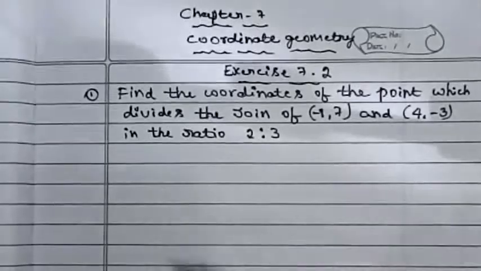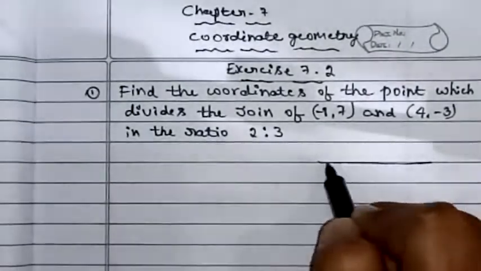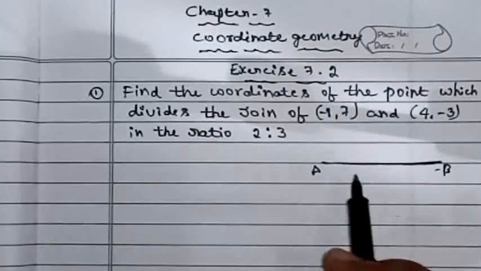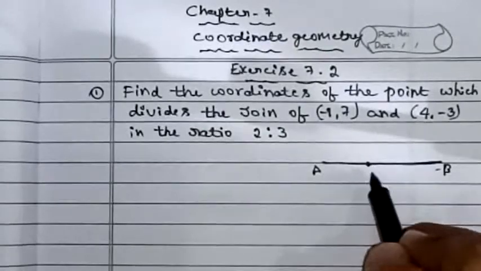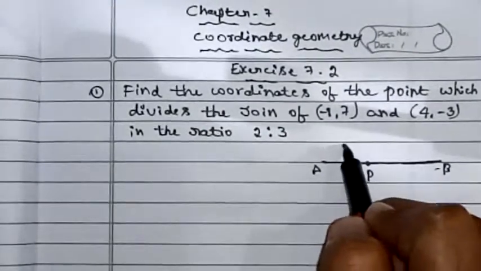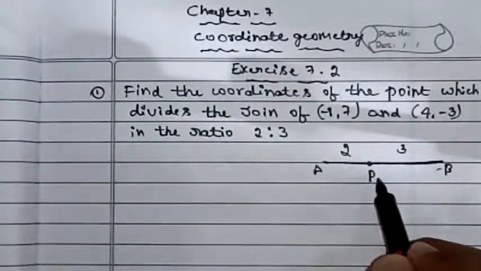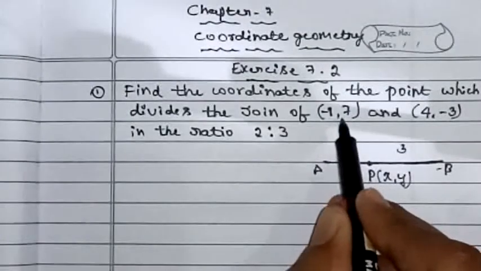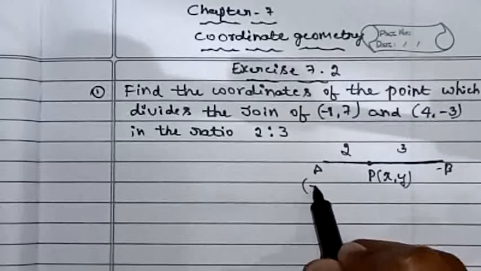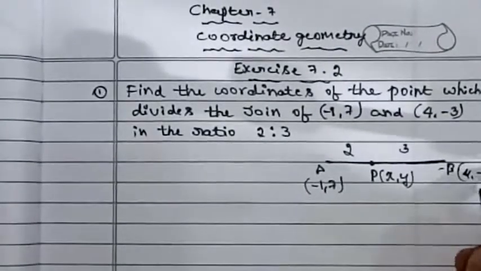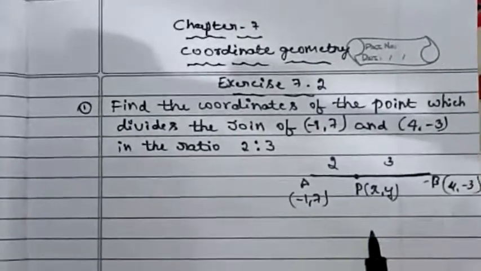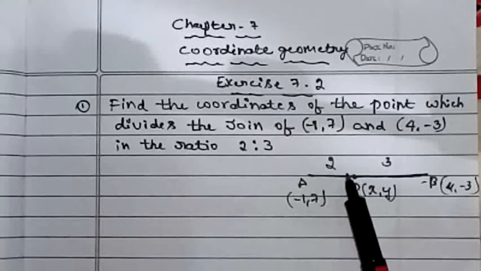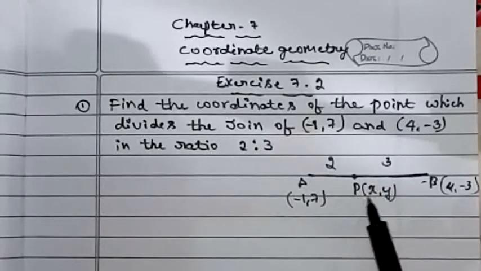Suppose AB is a line segment, and it is divided at some point, let me call this P, in the ratio 2:3. You need to find the coordinates of P(x, y). They have given the 2 points: (-1, 7) is A, and (4, -3) is B. AB is a line segment divided in the ratio 2:3, and you need to find the coordinates of P(x, y).